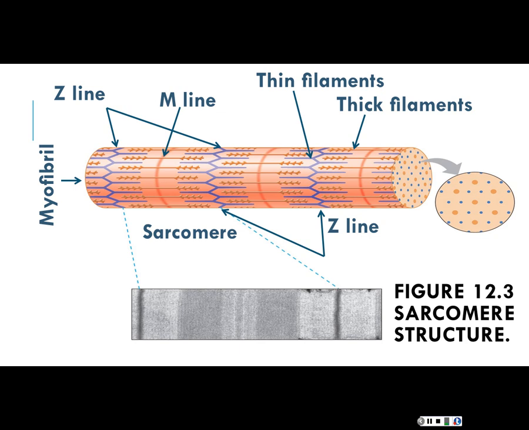And the areas that visually appear light would have less amount of proteins packed in there. And so the dark area is the area where you're going to see basically the thick filaments. Wherever you see there's thick filaments, it will look how? Dark.